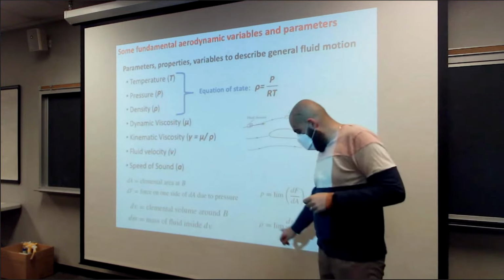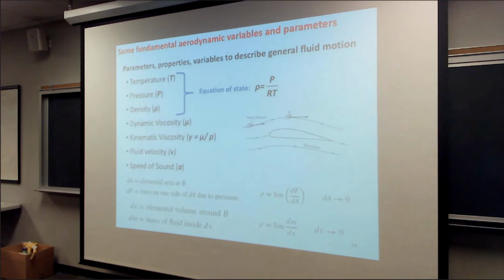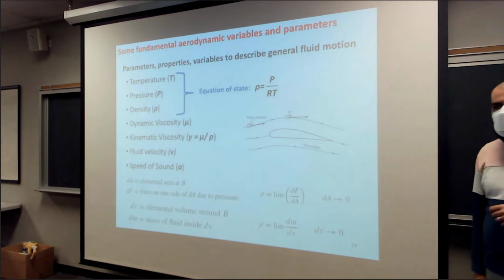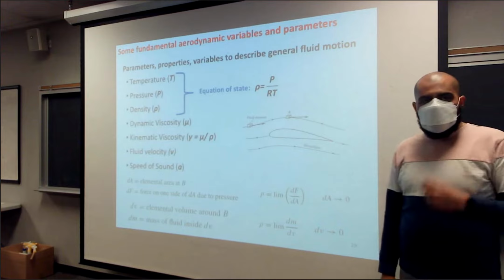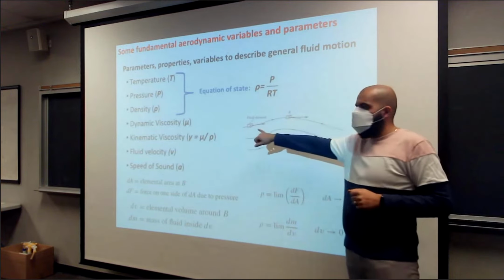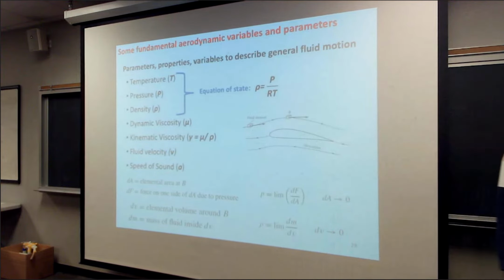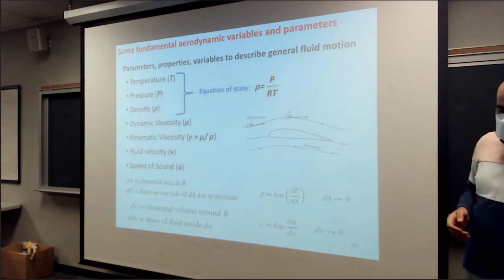And we define density as the limit of a very small element of mass divided by a very small element of volume. Of course, we're talking about the mass of that specific control volume that you are dealing with. But these are only the definitions. I'm not going to ask you to take this limit in any capacity. So you just have to know this.